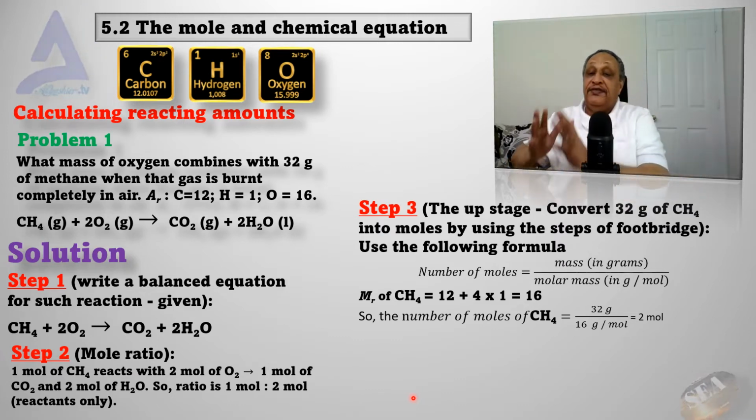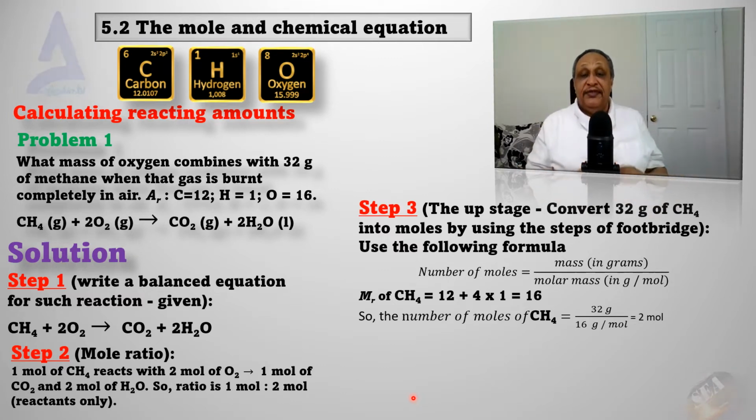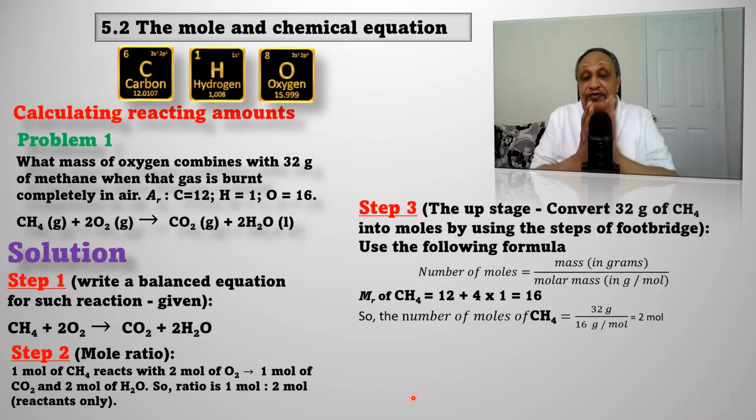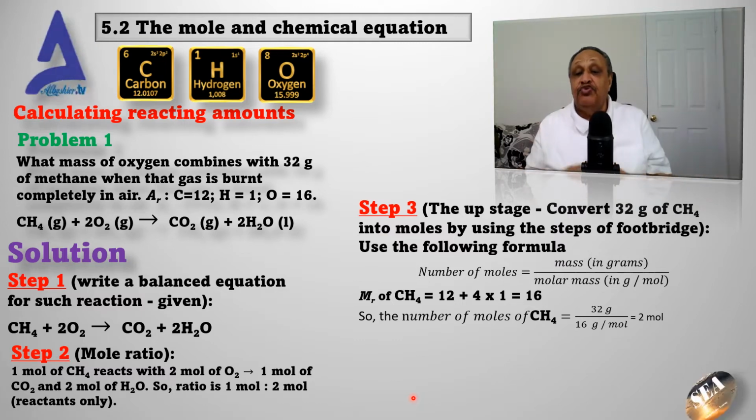Now this is the first step. The objective of the first step is to work out the number of moles of one of the given items in order to solve my problem.